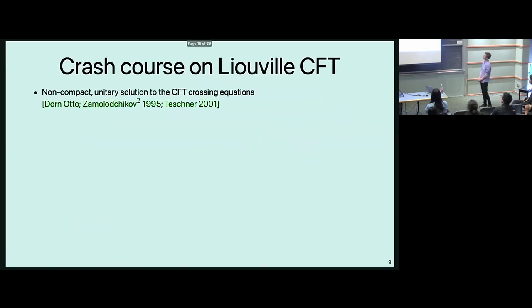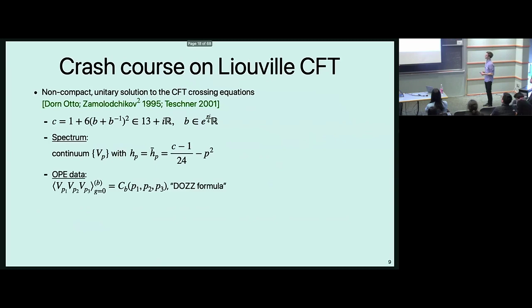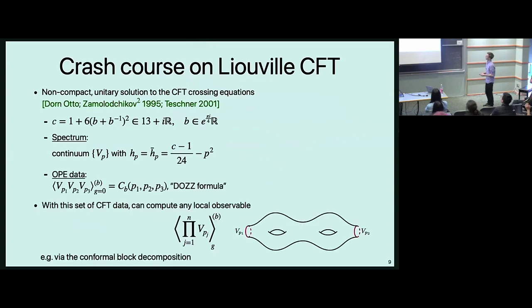Now, I actually don't have to give you this crash course on Liouville CFT. You're all experts because you heard Victor's talk. I just want to highlight one thing here. The first is to reiterate that we'll be considering the situation where b has this pi over 4 phase, and it will be convenient in this theory to characterize the primaries in the spectrum with what we call little p, which is like i times capital P, and that's just to get rid of some i's that appear in various formulas.